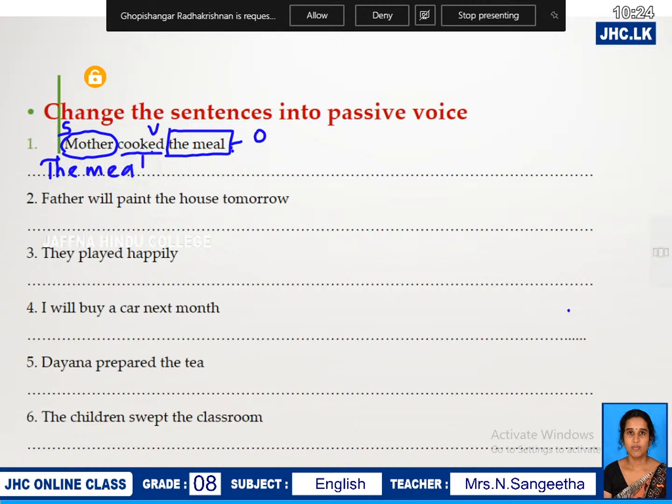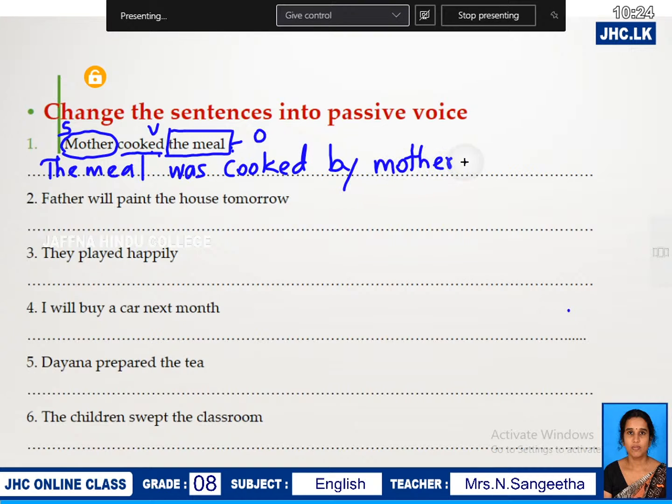It is singular and simple past. So what is the be verb you can use? It is was. It is past tense, so I have to use was. The meal was. This is a regular verb, so past and past participle are the same. So past participle is also cooked. The meal was cooked by mother.